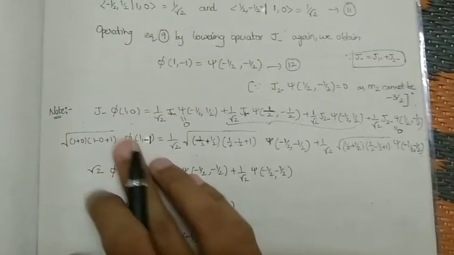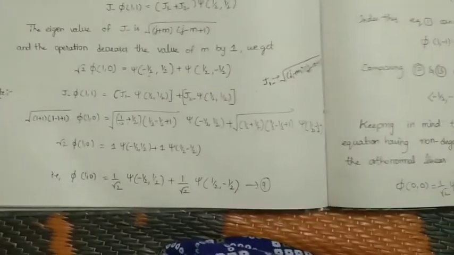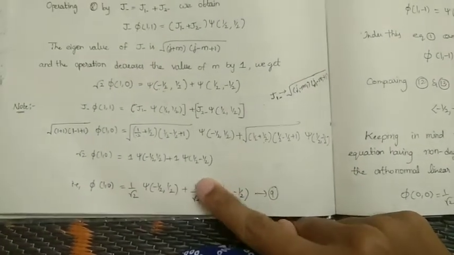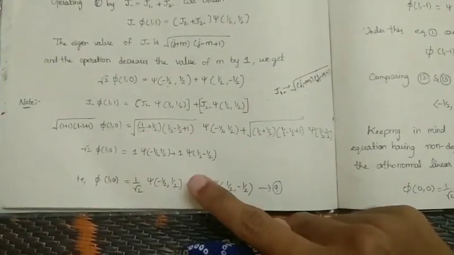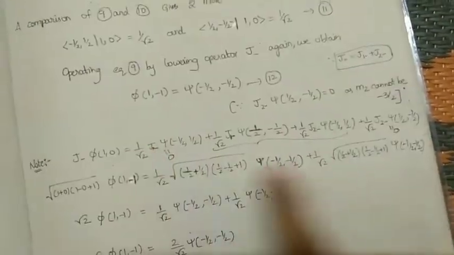So what we are doing is j minus on equation 9: j minus phi of 1 comma 0 and j1 minus plus j2 minus on this term. So j1 minus plus j2 minus into this term, it is like a plus b into c plus d. So we would have 4 possible terms on that multiplication, and these are the 4 possible terms we would get.